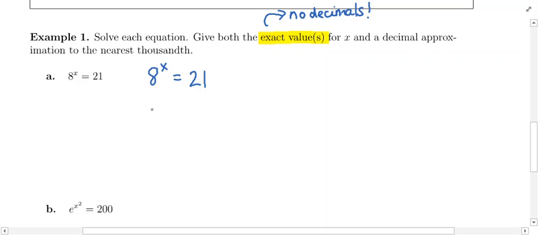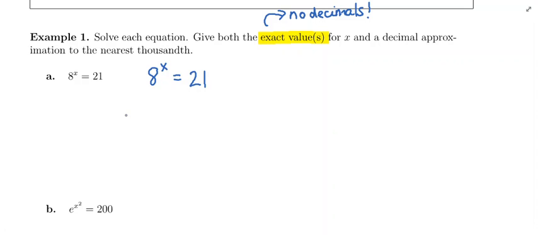So we're going to go ahead and take the logarithm of both sides. It's your choice if you want to use ln or if you want to use log. In certain situations, it's going to be better to use one or the other. For example, if your equation involves e, you're going to want to use ln because those two are inverses of each other. If your equation involves a 10, you're going to want to use log.